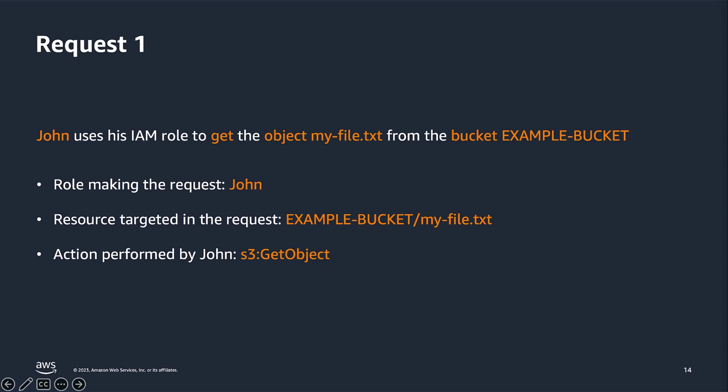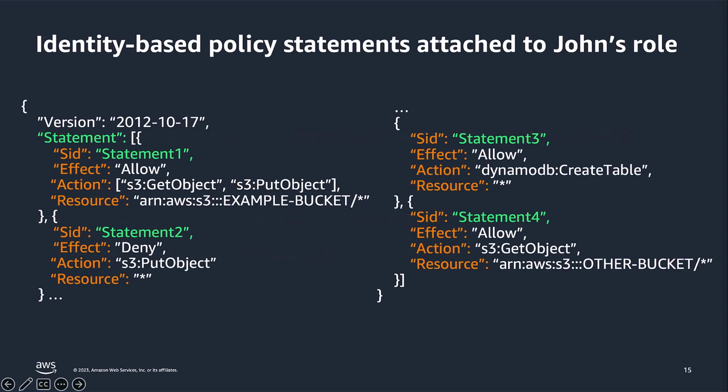And the action that John is attempting to perform is S3 get object. Throughout these examples, we assume we have this identity-based policy attached to John's role that has these 4 statements. Now, don't worry about memorizing these statements. We'll show them individually throughout the matching exercise.